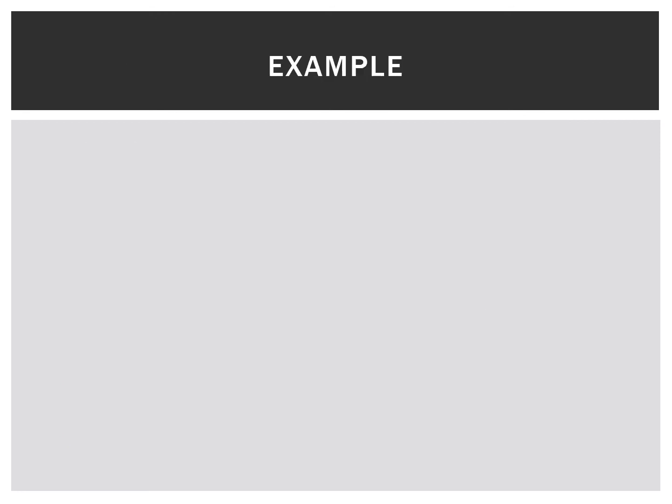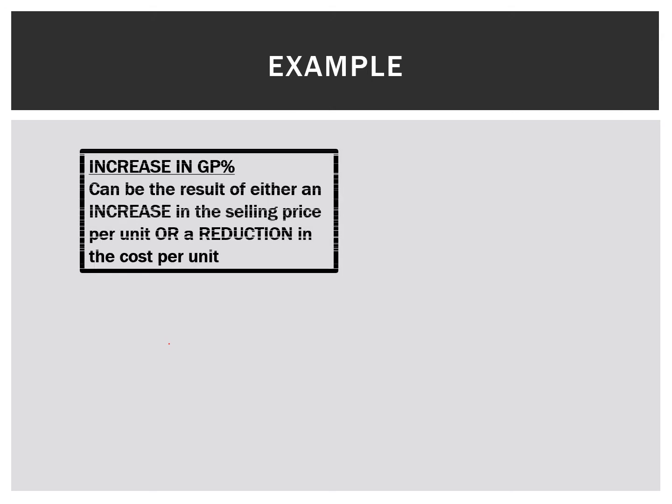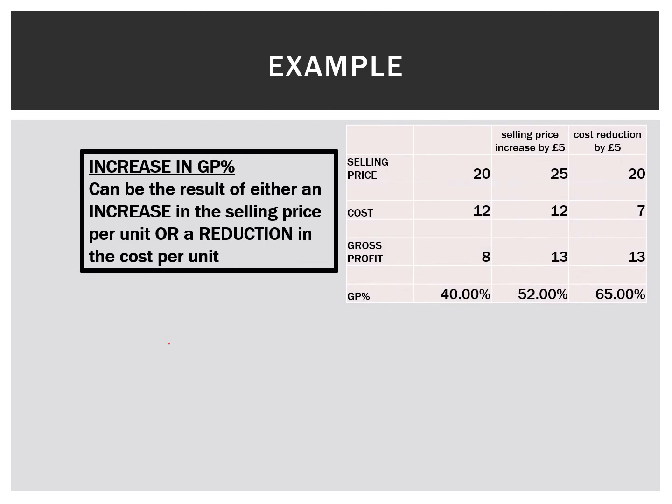So just to emphasize that, here's an example. An increase in gross profit, remember, can arise if the selling price goes up or the cost price per unit goes down. So here's an example of that. We start off with a selling price of 20 and a cost price of 12. That gives us a gross profit margin of 40%.